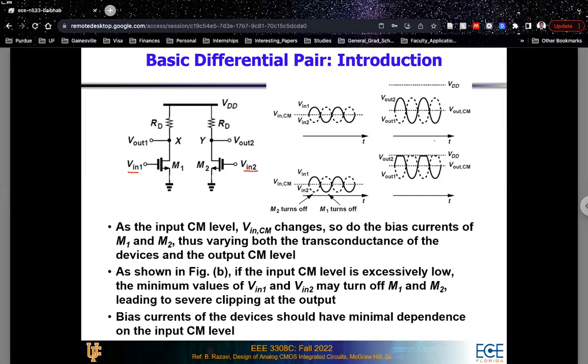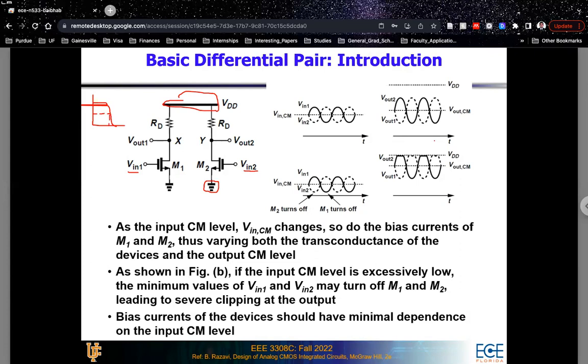Now, of course, from your understanding of the VTC curve, you know that your input DC bias point needs to be somewhere close to the difference of the VDD and VSS lines divided by 2. So in this case, it's VDD minus 0, which is your VSS or the ground line, divided by 2, which will be VDD over 2. So your input and output DC biasing point needs to be close to VDD over 2.